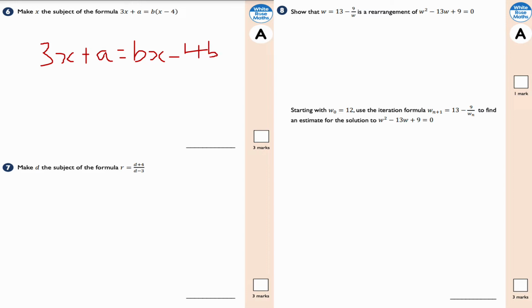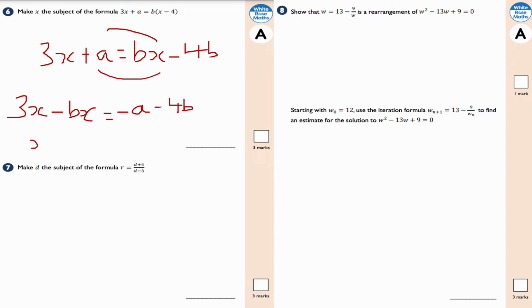I'm now going to bring all my x terms together, and all my non-x terms together, okay. So I'm going to have 3x minus bx is equal to minus 4b minus a, or minus a minus 4b, okay, either way is fine. Okay, minus 4b minus a.